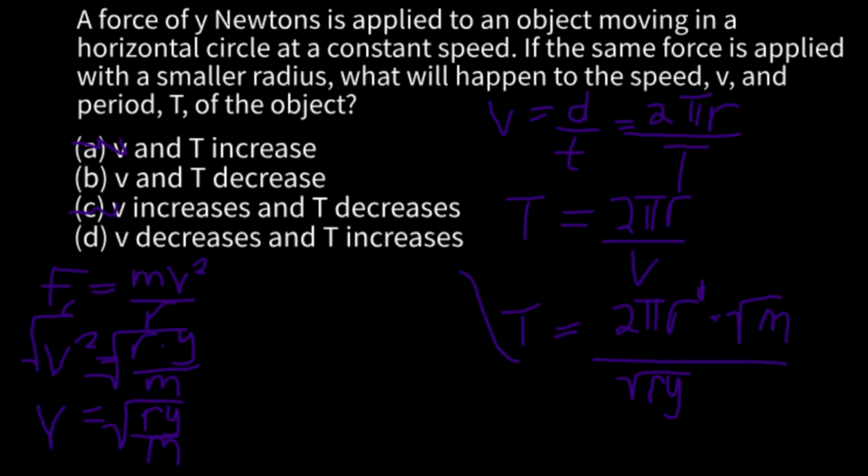So moving this over there, we can have T equals 2 pi square root of rm divided by the square root of F. So from that, we see there's also a direct, or I should say proportional, relationship between the period and the radius. If the radius is going down, then so will the period. So that makes B the correct option.